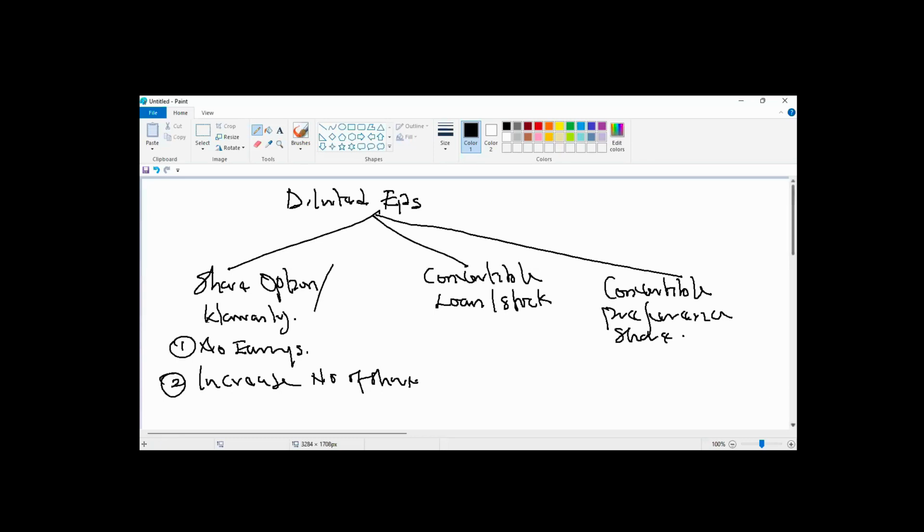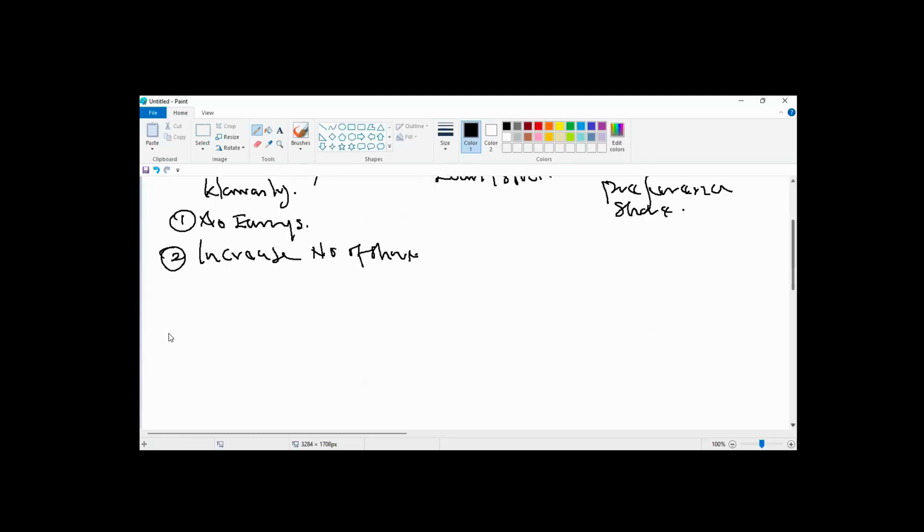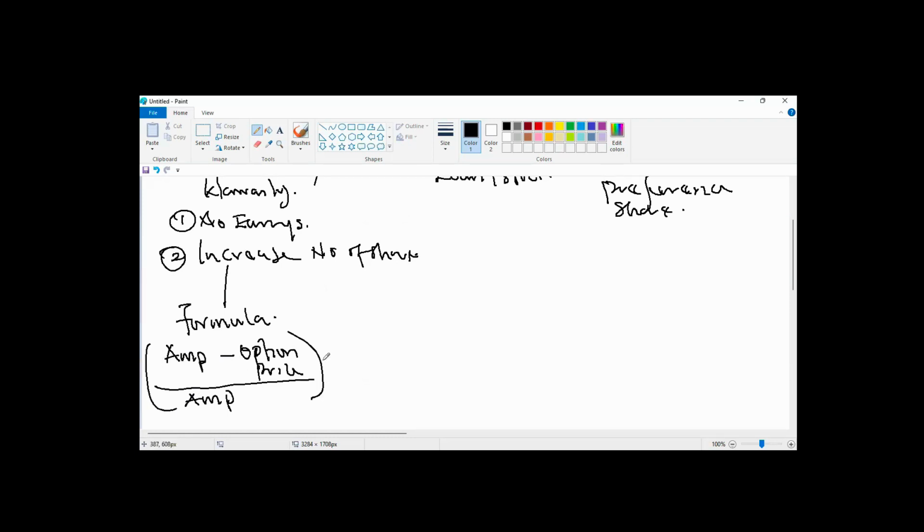Then we said we are going to apply the formula: average market price minus option price, divided by average market price, times the options issued.